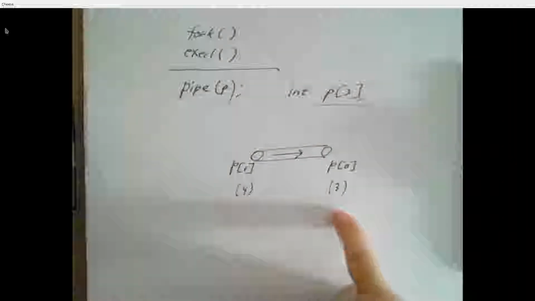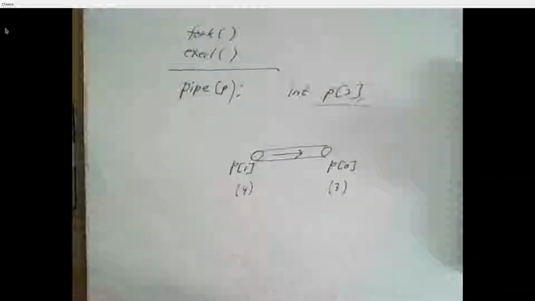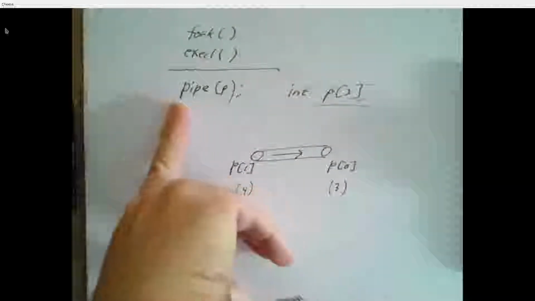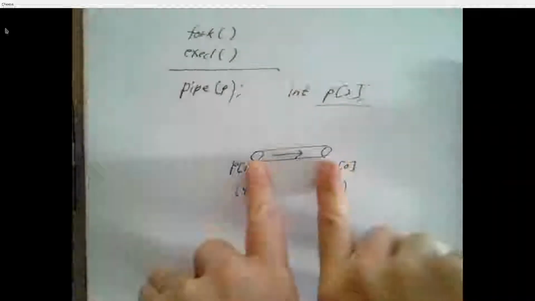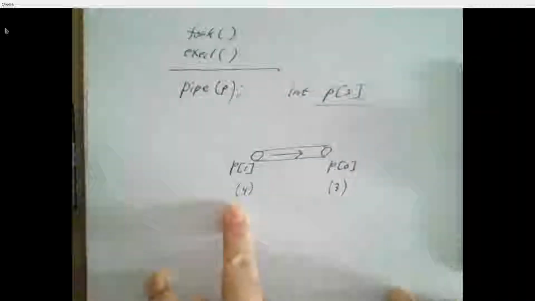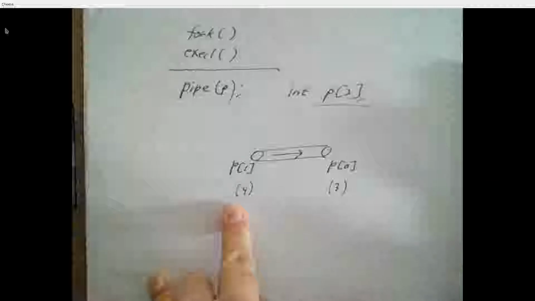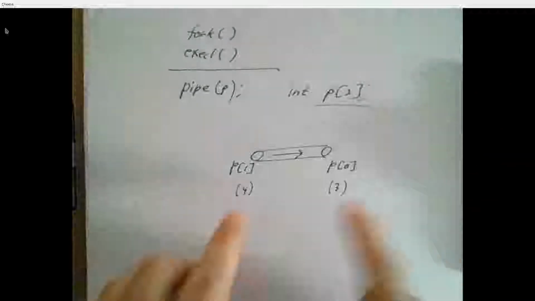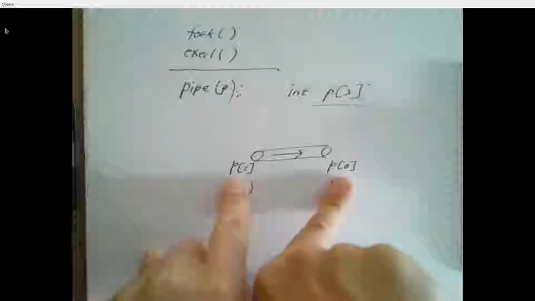And I mentioned if we did another open, it would probably come back with file descriptor 4. Well, pipe is basically opening 2 file descriptors, one on each end of this virtual pipeline. And so the first one was descriptor 3, the next one was descriptor 4. We don't need to know what those values are, right? We just need to have them in this array so that we can use them.